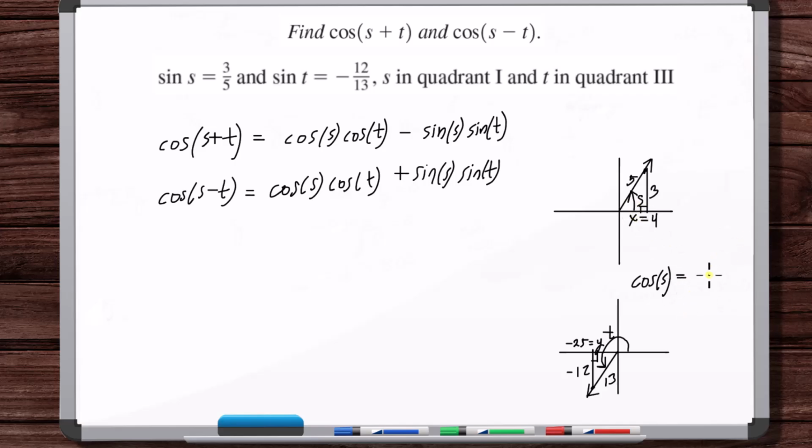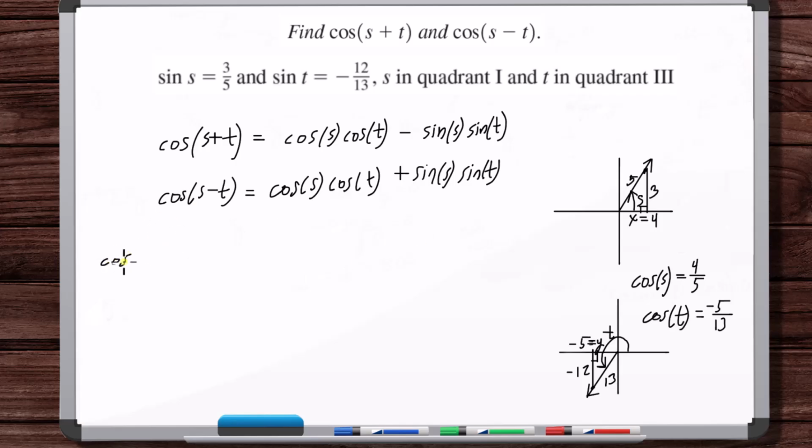Cosine of s, adjacent over hypotenuse, is 4/5. Cosine of t is what we're missing. Cosine of t is adjacent over hypotenuse, so minus 25, wait, no, minus 5. I had to take the square root. Minus 5/13. So there we go.